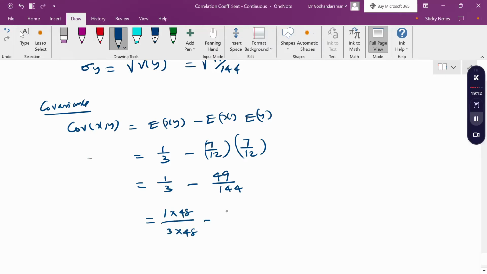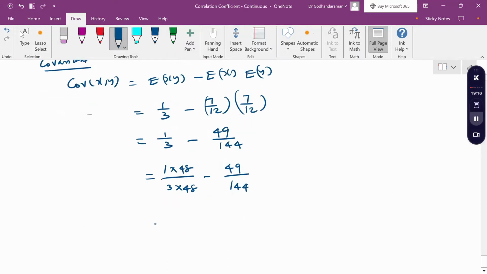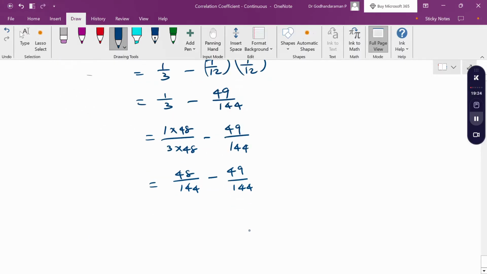This is the way to take the LCM. So 48 by 144 minus 49 by 144. The covariance of x and y is minus 1 by 144.